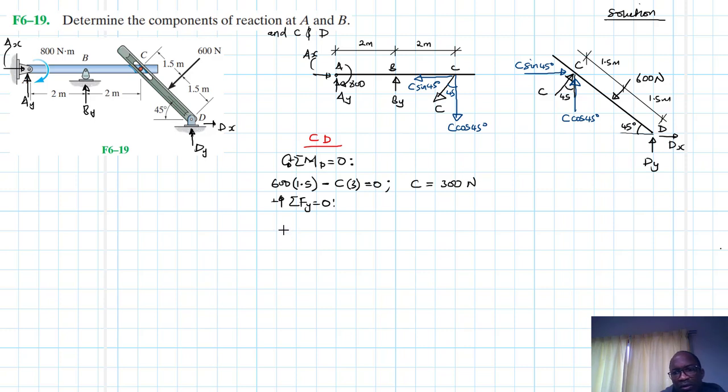We need now those components there. So we'll say dy plus cy, our cy is just c cos 45.